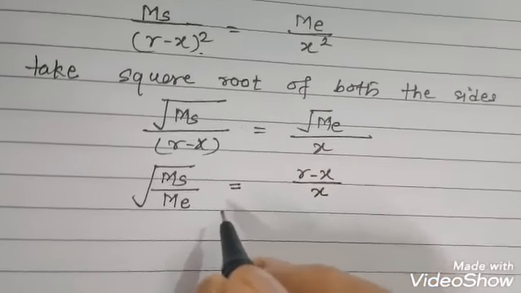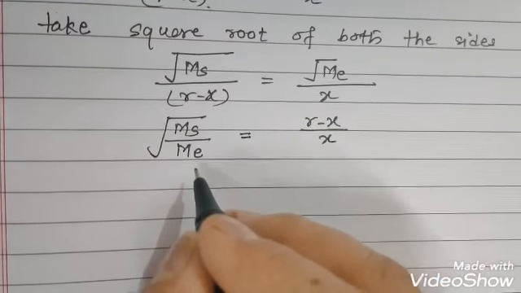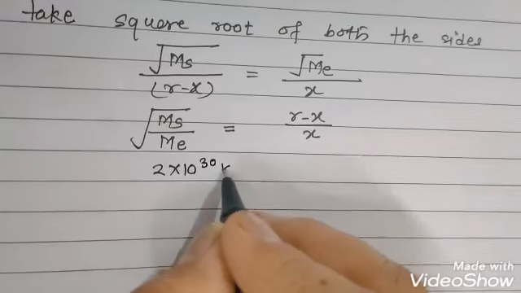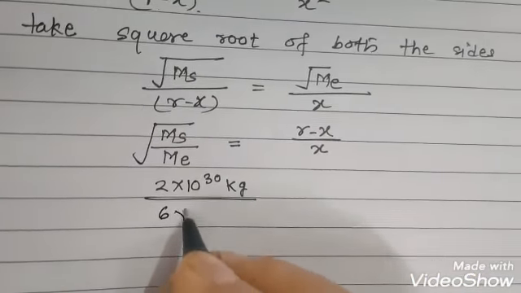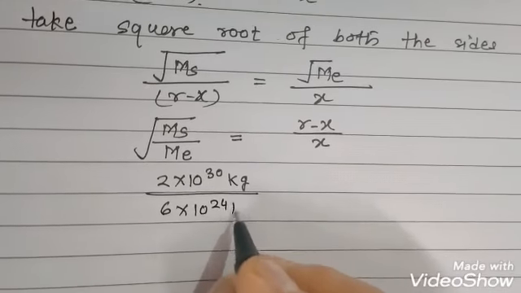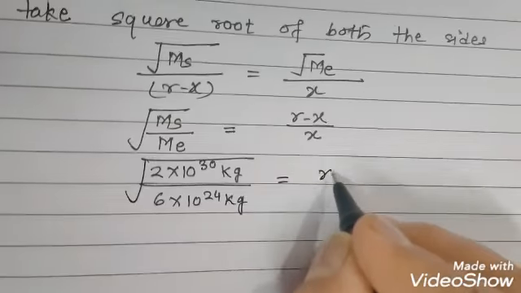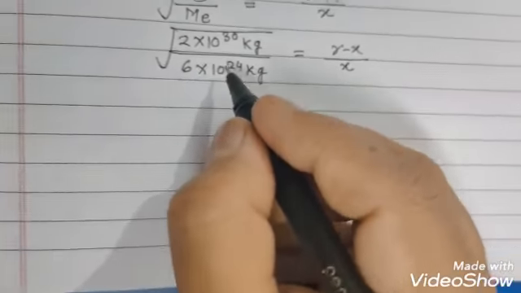Mass of the sun is 2 into 10 to the power 30 kg, and mass of the earth is 6 into 10 to the power 24 kg, root of this, equal to r minus x upon x. We'll simplify it.